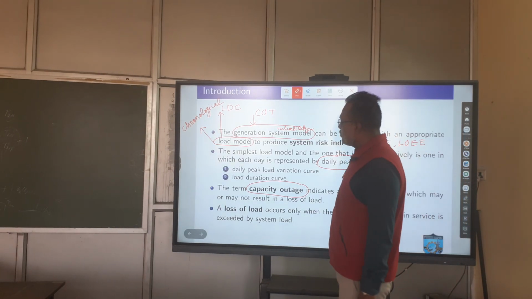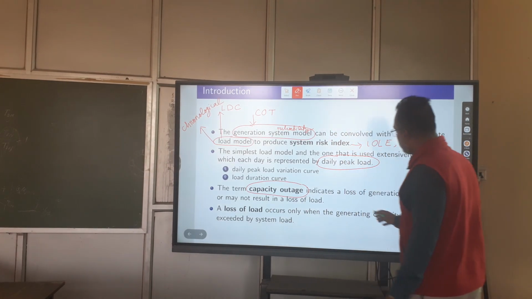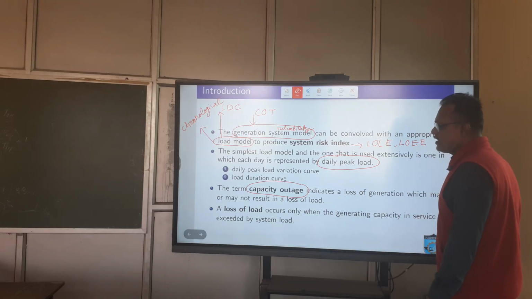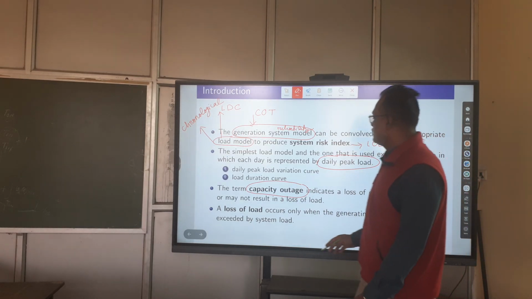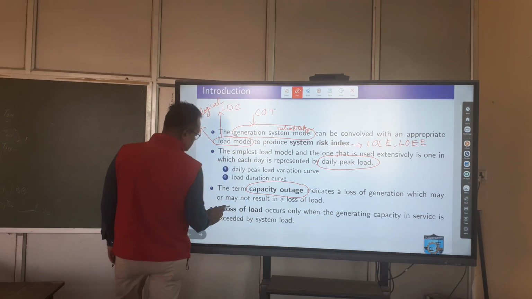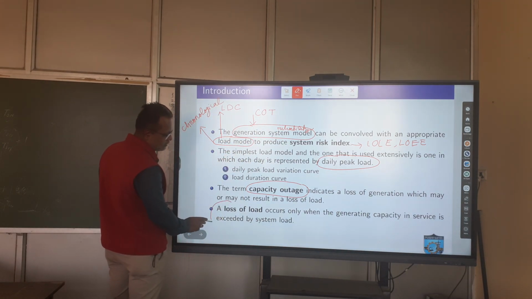Whenever loss of load occurs, it occurs only when the generating capacity in service is exceeded by the system load. You want to write this part down.